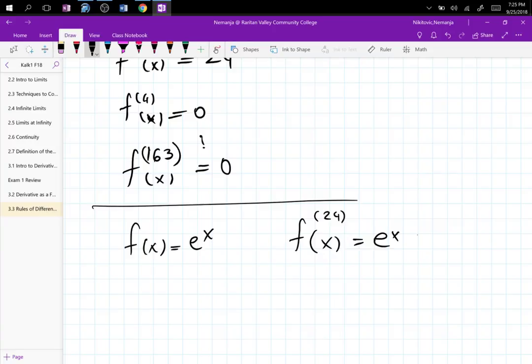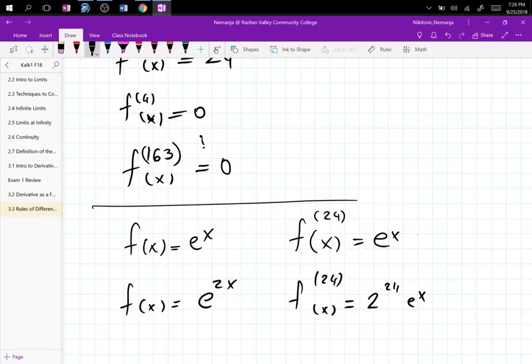The interesting question that makes you think a little bit is, let me switch this and have it as e to the 2x. What is the 24th derivative now? Nice. 2 to the 24th e to the 2x.